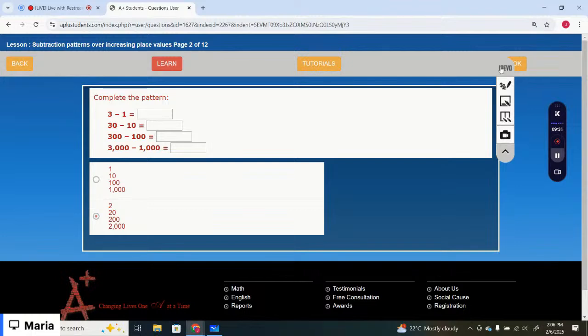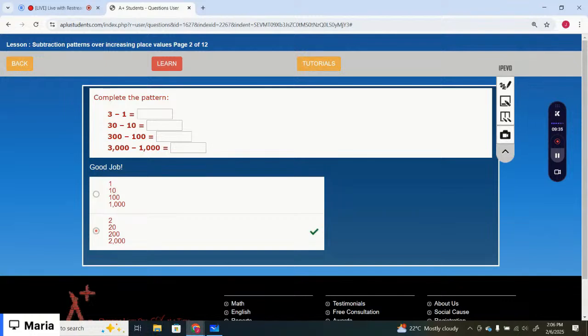That is option number 2. Very good. 2, 20, 200 and 2000 is the correct option.